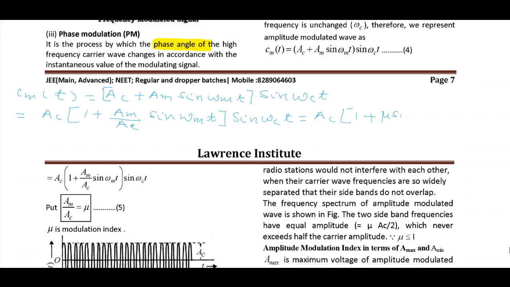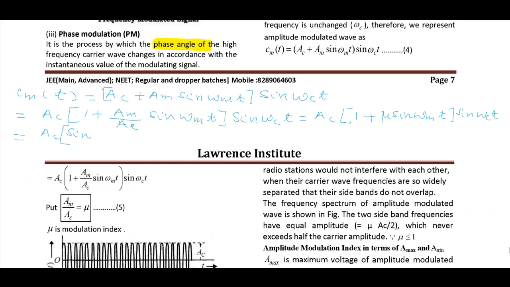And then here I have sine omega m t into sine omega ct. Now I will open the bracket. So in the modulated wave, I have AC, which I will keep outside the bracket.